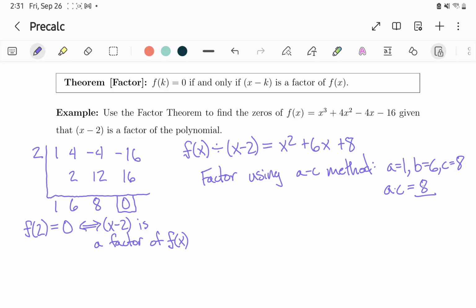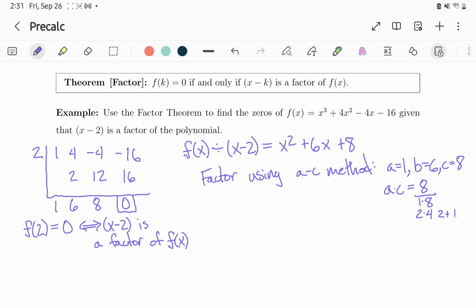So for 8, well, let's look at the different ways we can factor 8. We could do 1 times 8 or 2 times 4. Since we're trying to add to a positive, we're not going to consider the factorizations where both factors are negative. So this would be all the factorizations we could consider. And if we look at 2 times 4, well, 2 plus 4 is equal to 6.